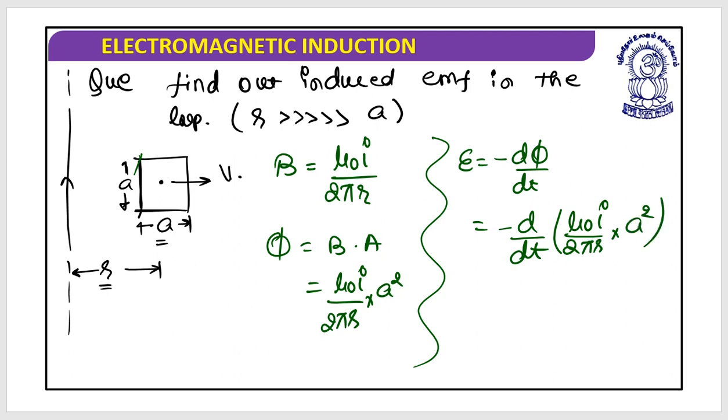So this could be written as mu naught I a square divided by 2 pi into d by dt of r to the power minus 1. This is the emf.